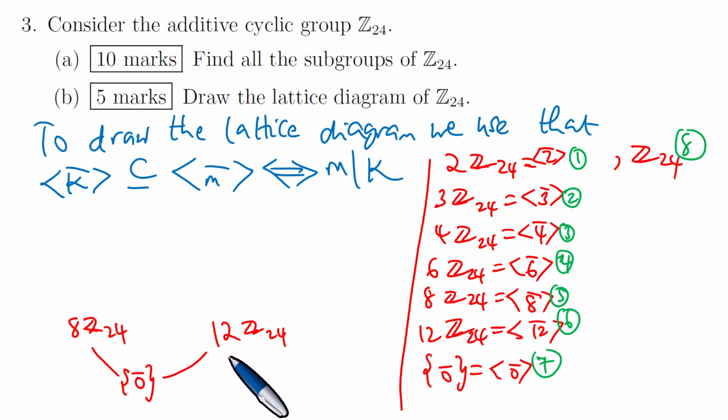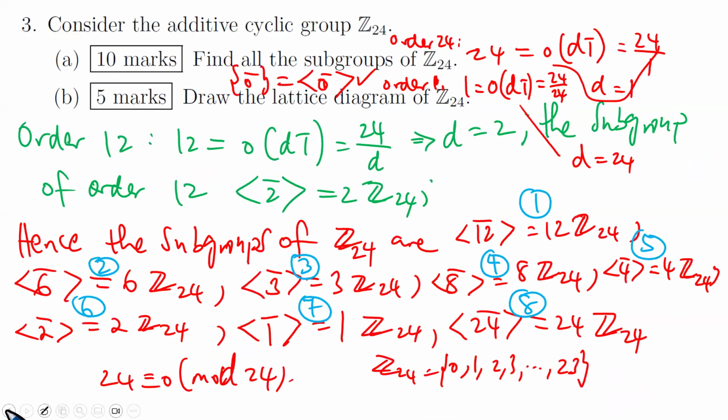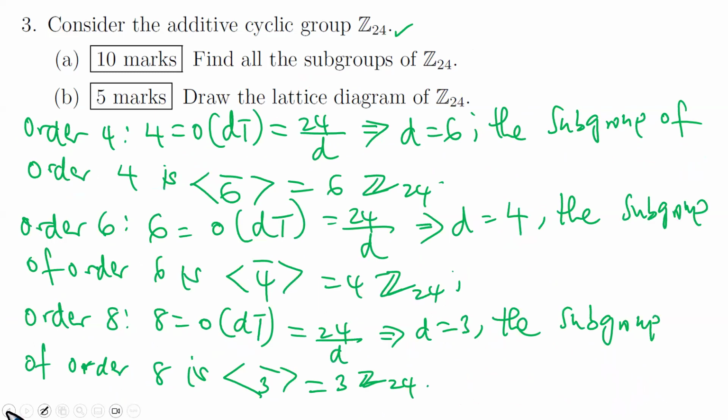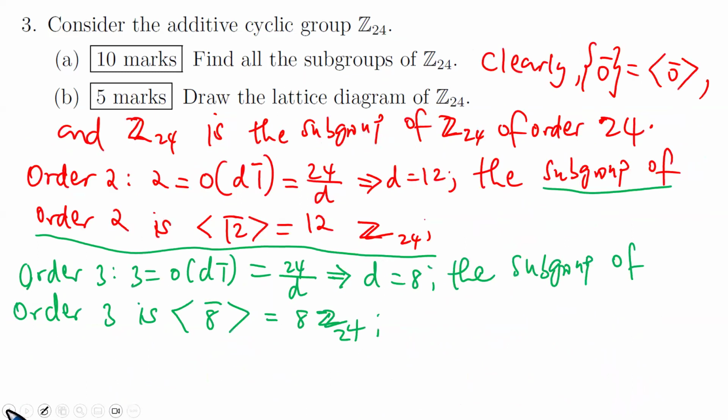We can see clearly that at this point you have the 12 Z24.